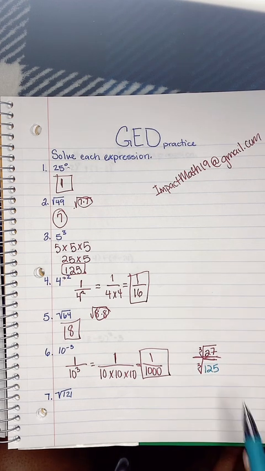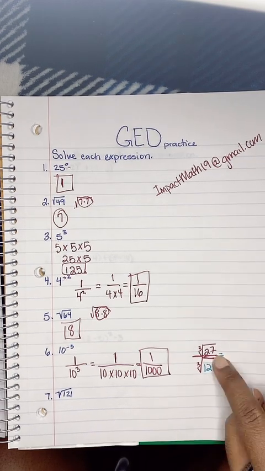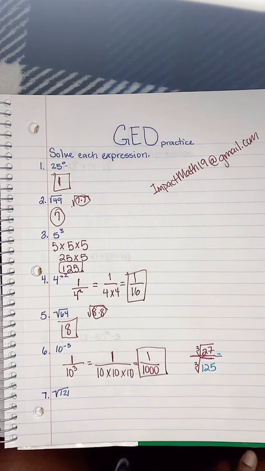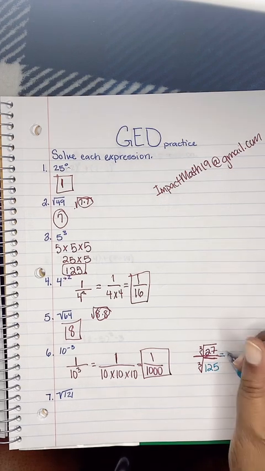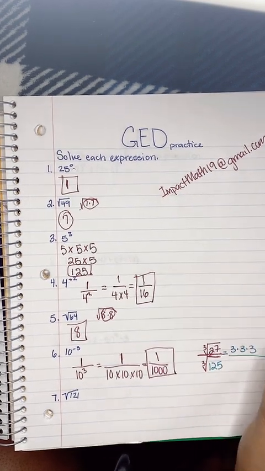Wonderful. Thank you. So 27, think about it. What times itself 3 times can get you 27? Let me see it in the chat. So we're asking ourselves, is there a number that if you multiply it by itself, good, 3/5. Okay, yes. It's going to be 3 times 3 times 3.